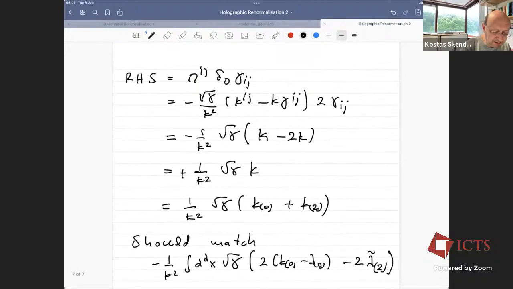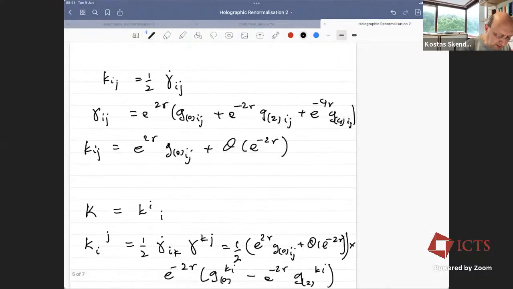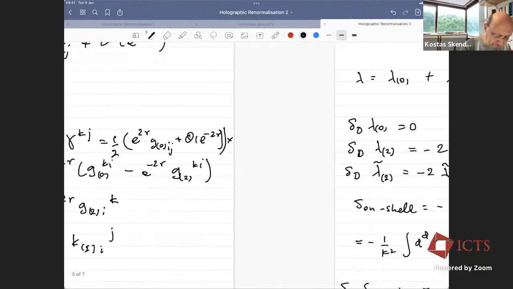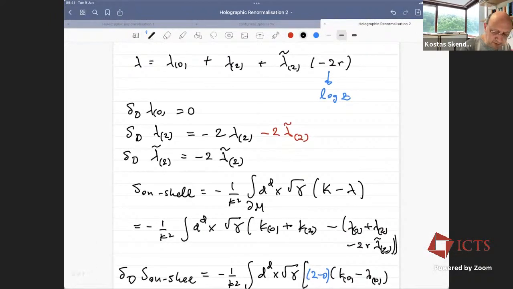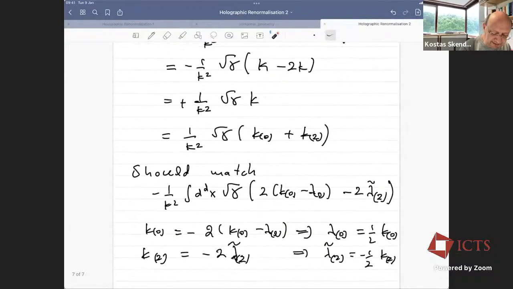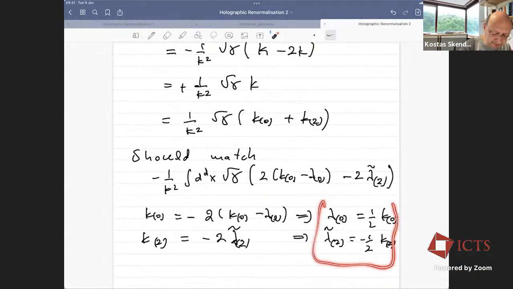So we really used very little. So here I introduce this lambda to represent the bulk action, and we found by consistency with the scaling that it requires that term to take a very specific value.